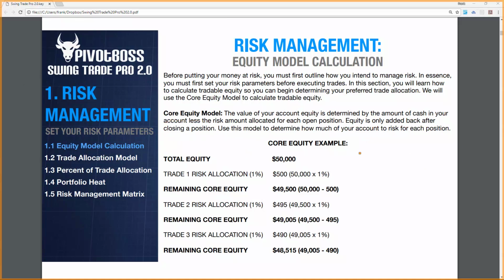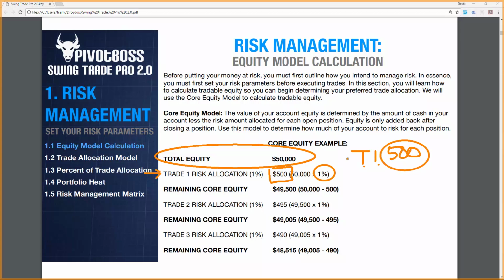So basically, say you have a starting equity of $50,000, and then you risk $500 on the next trade, which is 1% of the account. And on that $500, while that trade 1, T1, is in play and still playing, now if you go to take the second trade, you're taking 1% of the remaining core equity, which is the starting balance minus any open risk position.